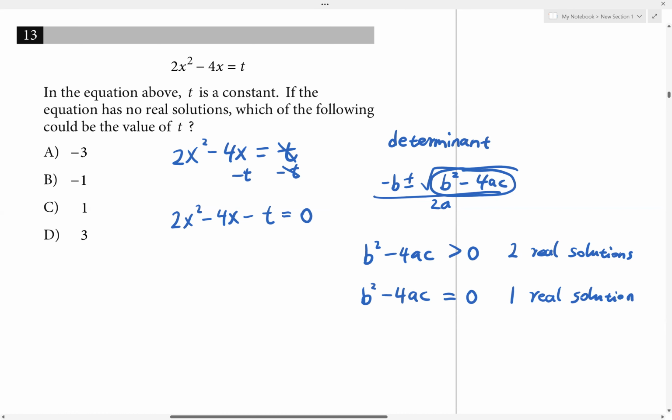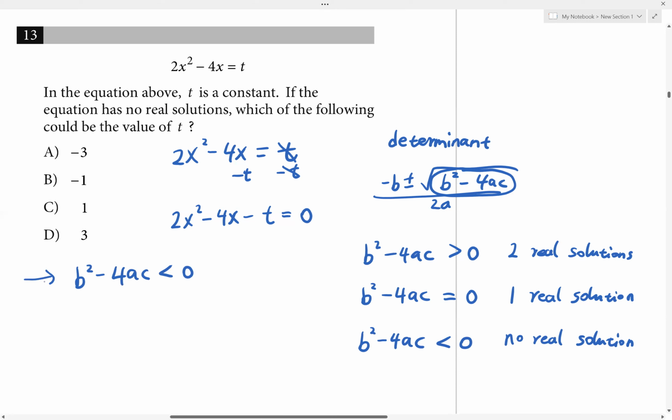And if the discriminant is a negative number, less than 0, then we get no real solution. In that case, we get two imaginary solutions, but no real solution. So for this question, we want no real solution, so we know b squared minus 4ac should be less than 0.